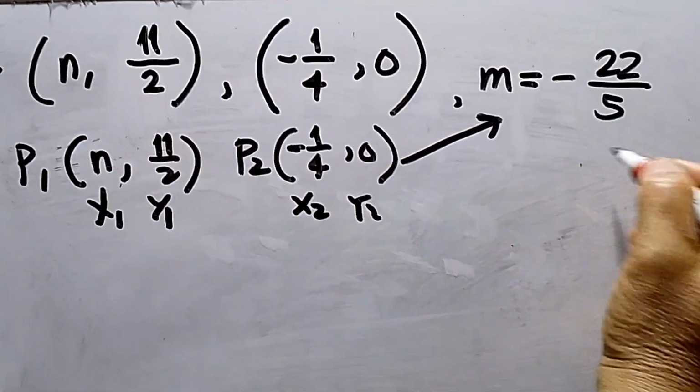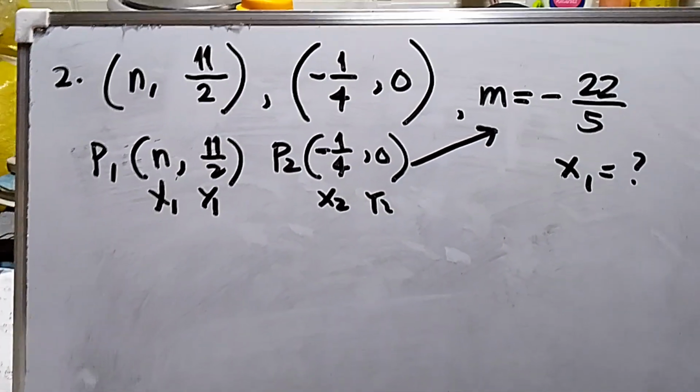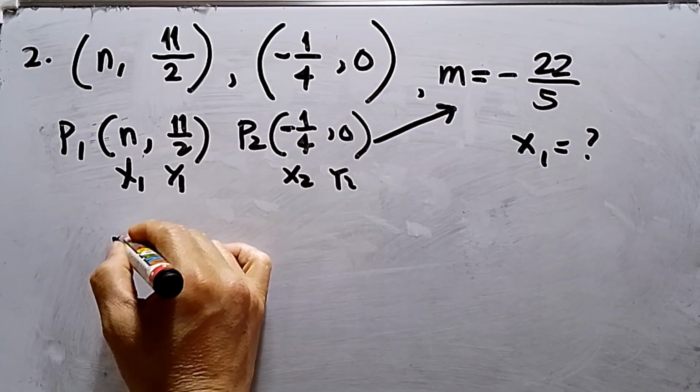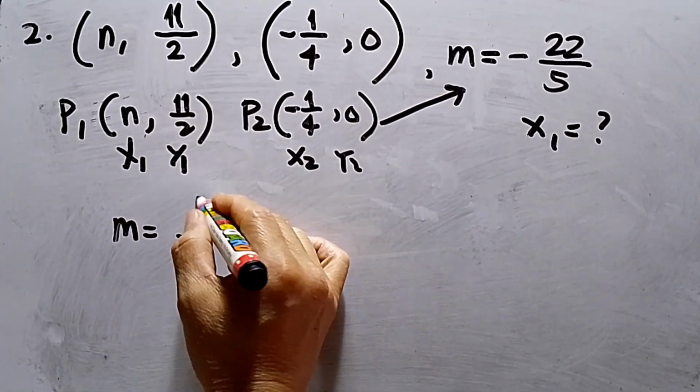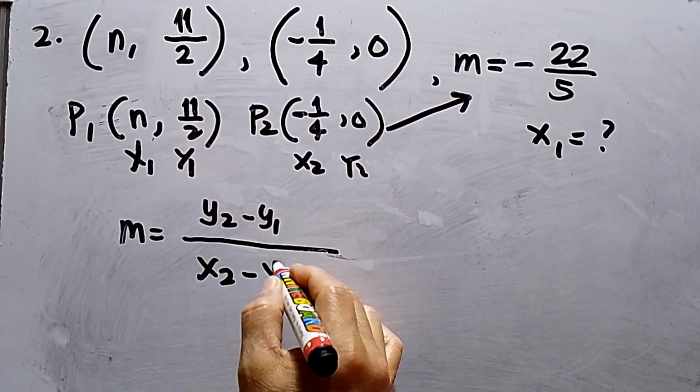So x1 is unknown. By using the slope formula, m equals y2 minus y1 over x2 minus x1.